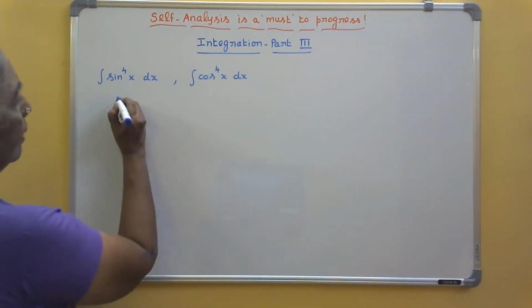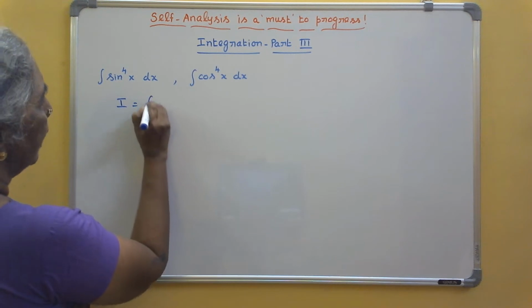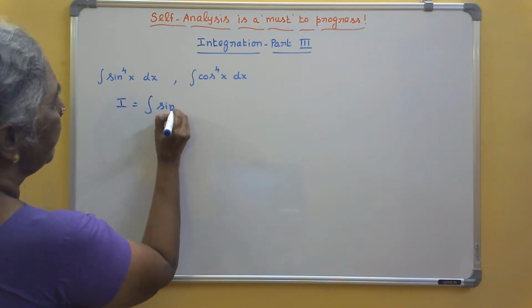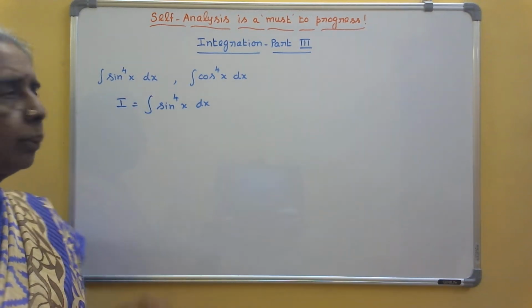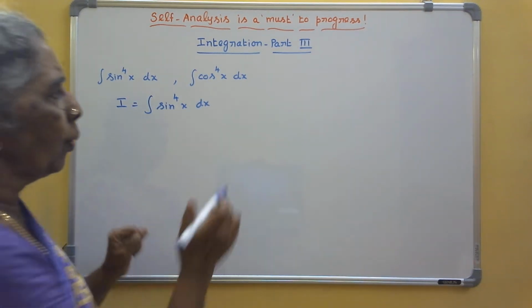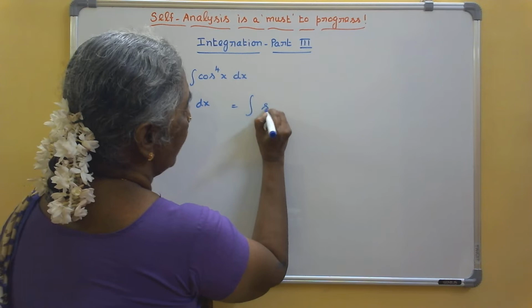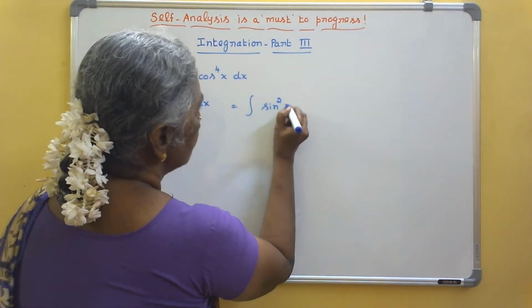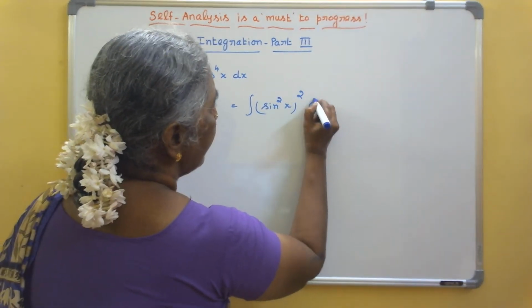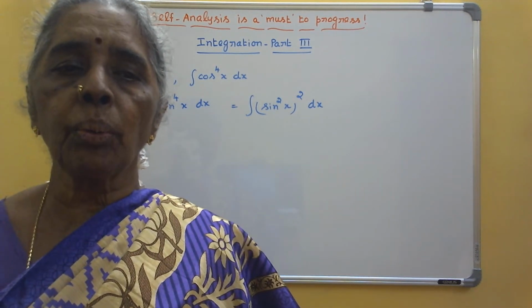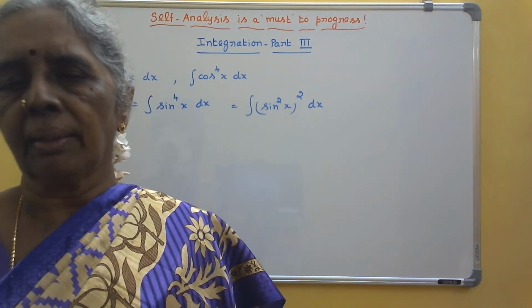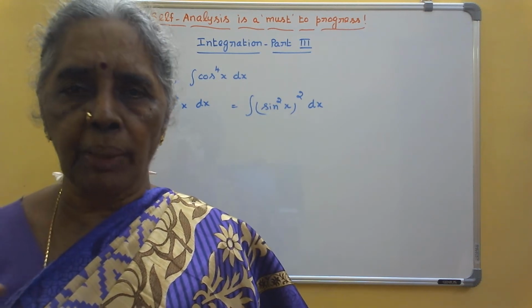Now let me take I is equal to integral sine power 4x dx. You can write sine power 4x as sine squared x the whole squared dx. Sine squared x you know how to write as a multiple angle using the half angle formula.